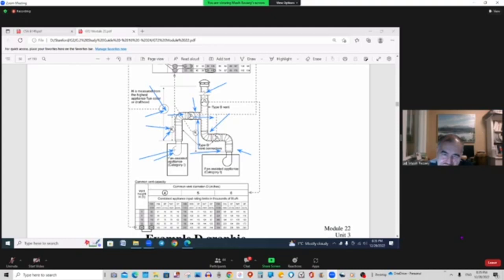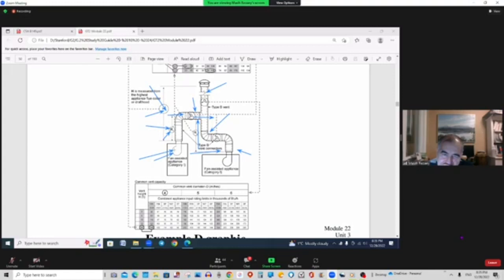D1 and D2 are exactly the same as the previous one. Here, exactly the same as previous, C1, C2. Okay? This is the same. This D is the same, C1, C2. Okay?